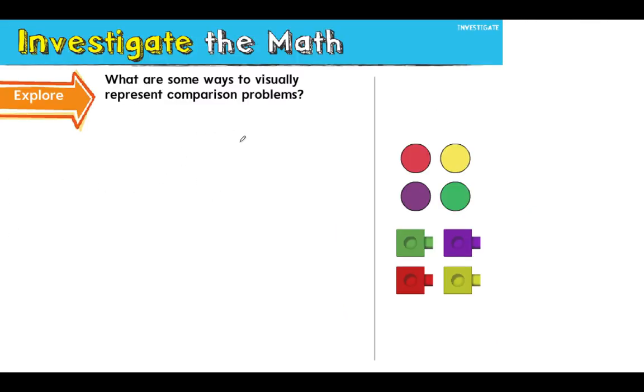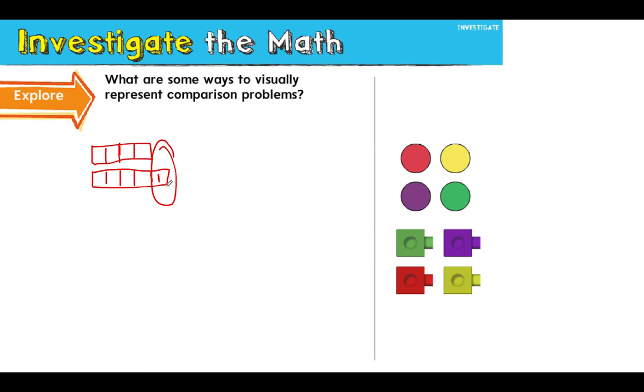So, what are some ways to visually represent comparison problems? One thing we do sometimes is we draw bars. So we say, okay, I've got this bar, it's 4, right? And I've got this bar, it's 5. And when I compare them, I can talk about the difference.